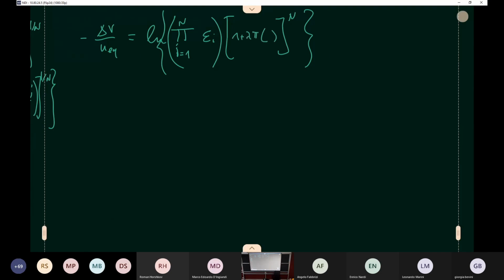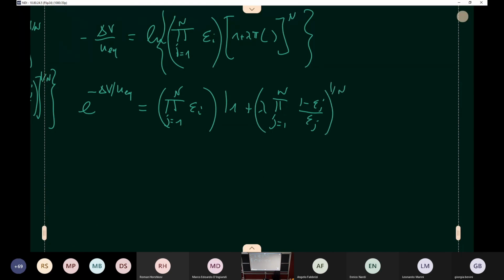So we can obtain our lambda, making e to the power delta v over u_eq equal to this product that multiplies 1 plus lambda product j equal 1 to n, and it was 1 minus epsilon over epsilon. Everything here 1 over n, and here to the power n.